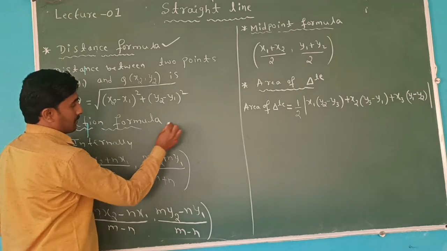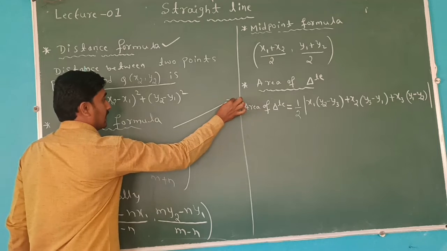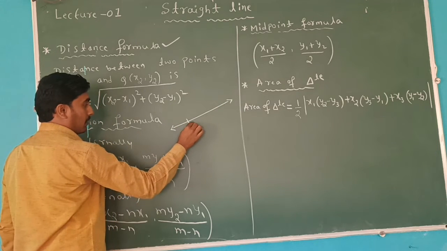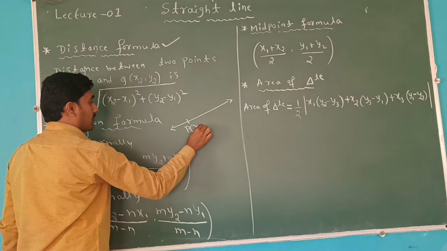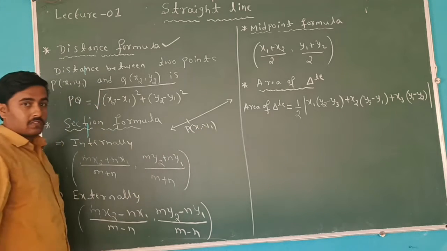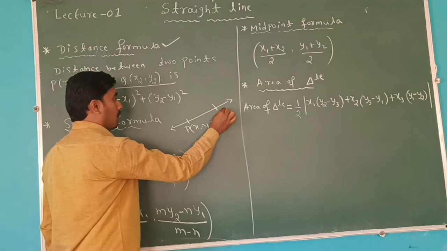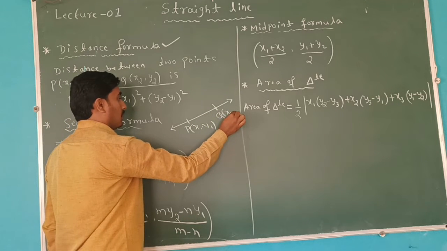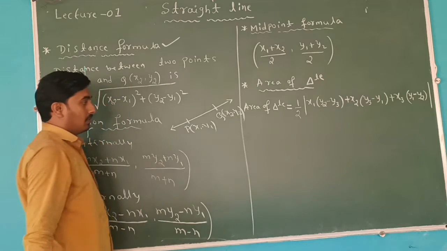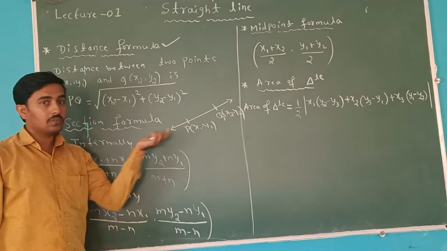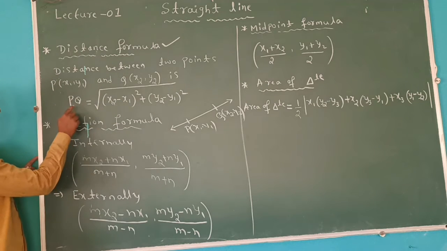See here. Suppose this is the line. If I take any point here, P with coordinates x1, y1, and another point Q with coordinates x2, y2. Then the distance between this point P and Q is, what is the formula here?